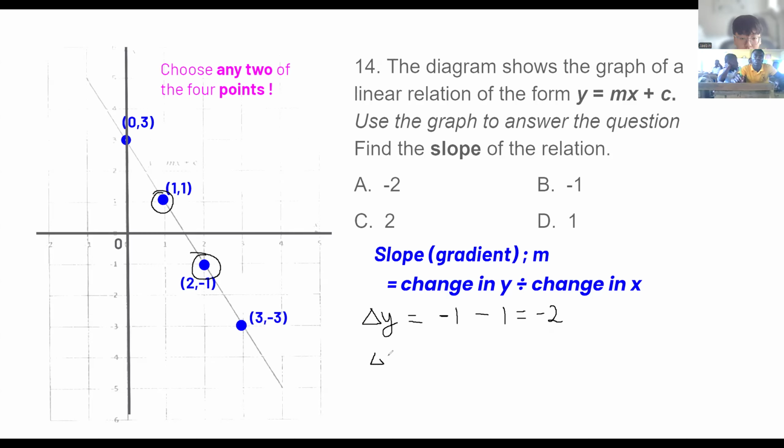And what about the change of x? The change of x is equal to what do you think? The second point's x is 2, so it's not going to be 0.